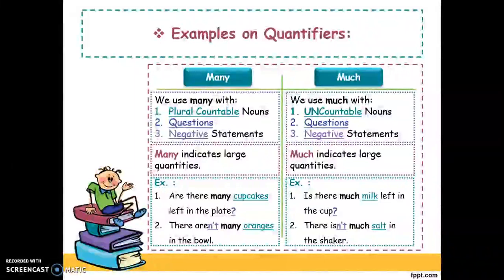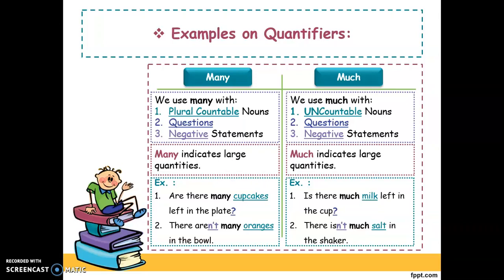Now, here we're looking at examples using the quantifier much. Number 1, is there much milk left in the cup? So this is obviously a question because we see the question mark at the end of the sentence, and we're using the quantifier much with an uncountable noun, which is milk. Example number 2, there isn't much salt in the shaker.